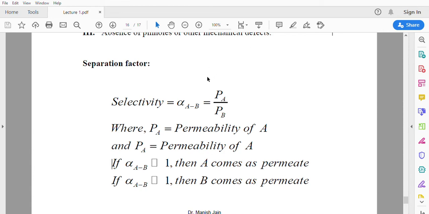It is very simple to understand. If the permeability of A is higher than the permeability of B, then alpha is greater than 1 and A will selectively permeate through the membrane, and you will get A at higher concentration in the permeate side. If PB is greater than PA, then alpha AB is less than 1. At this condition, you will get the B component selectively at the permeate side.